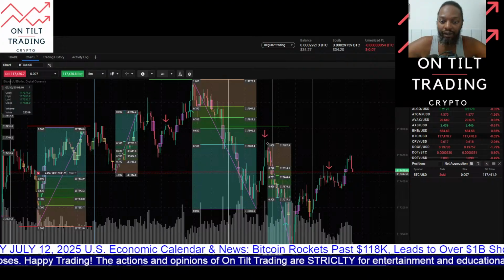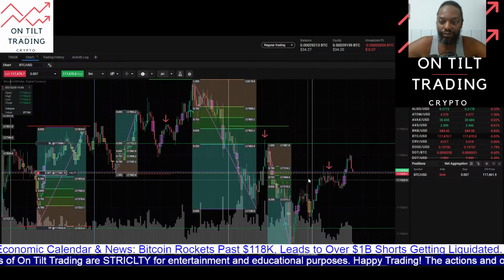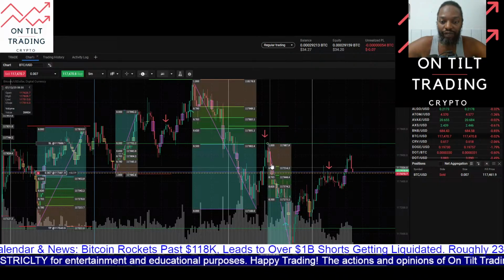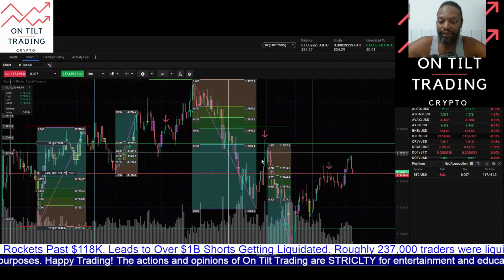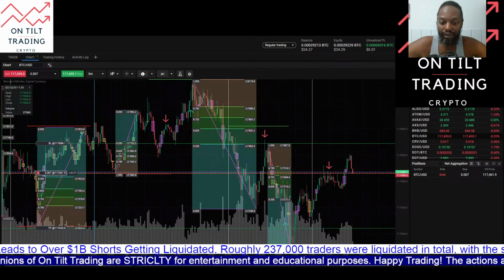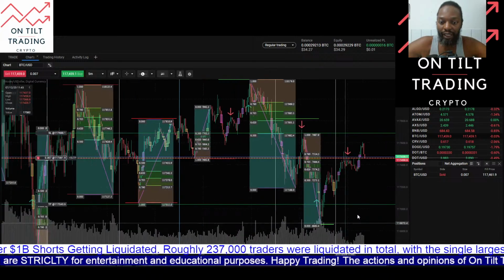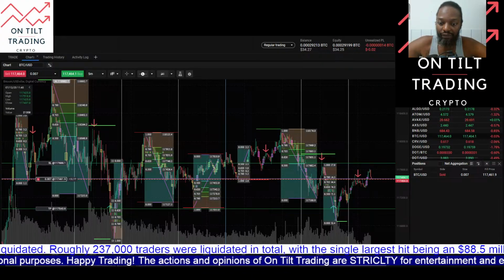my Fibonacci, or not my Fibonacci, but based on the measured move, based off of how I have the fair value gap series, the candles in the fair value gap series measured. So this would likely be a run on liquidity down here at this level here.